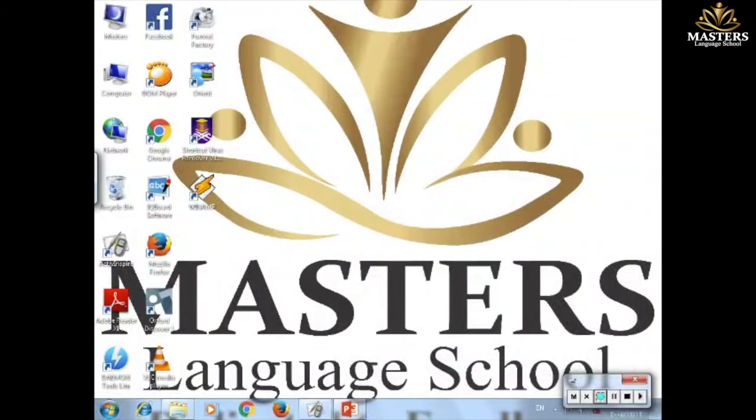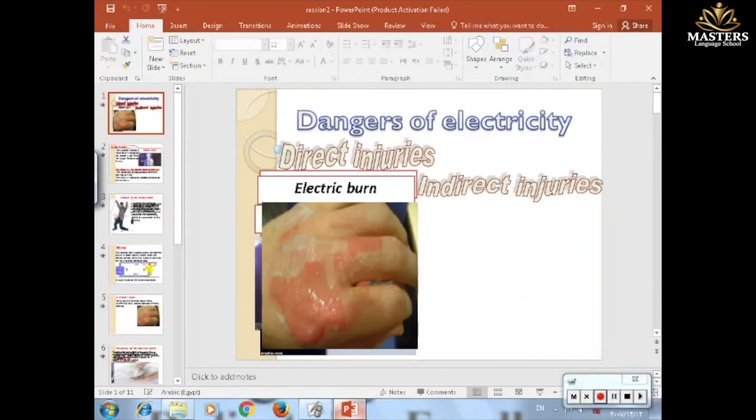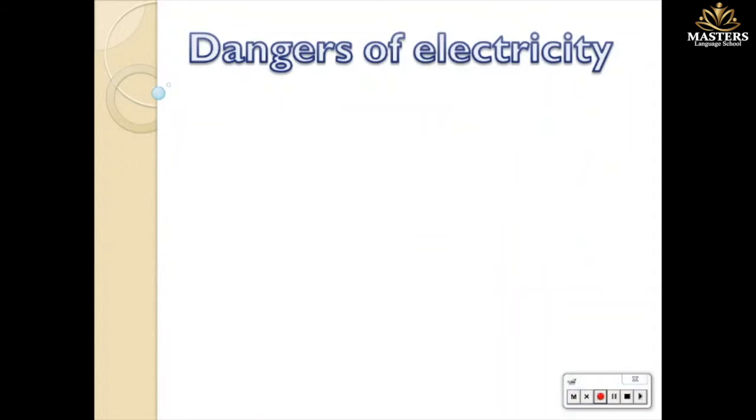Hi everyone, we're gonna just finish lesson 2, unit 2, which is dangers of electricity. In the last session, we've talked about the dangers of electricity, and it's divided into two types, the direct injuries and indirect injuries.